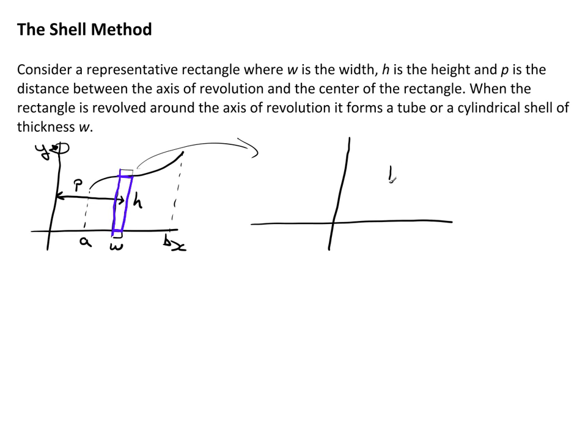Let's just say that here it is. If I'm revolving just this piece about the y-axis, then what I'm going to get is something that looks like this. This is some type of solid. It's a ring.